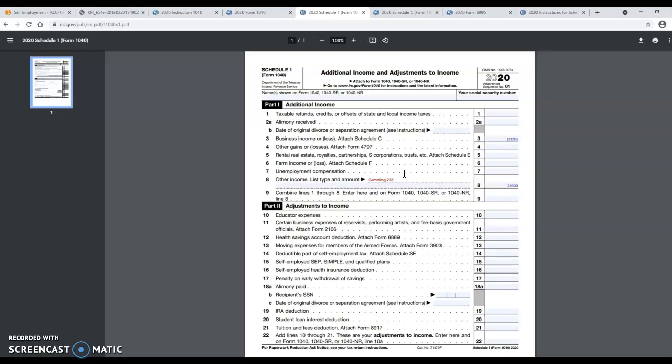So we had gambling income of 22,000, and we had an NOL, net operating loss, of 2175. So I have to take the 22,000 minus the 2175, that's 19,825.